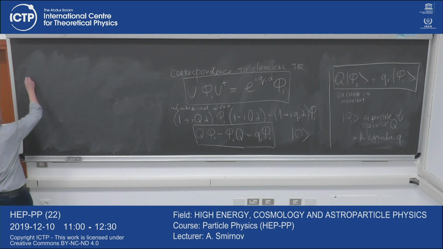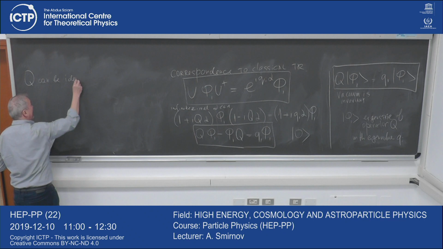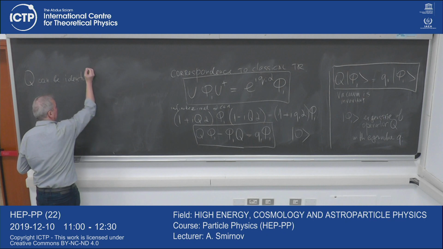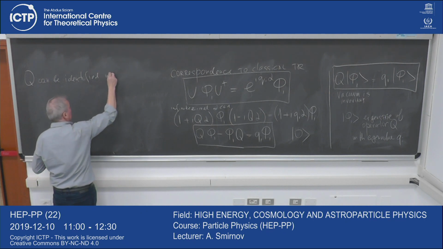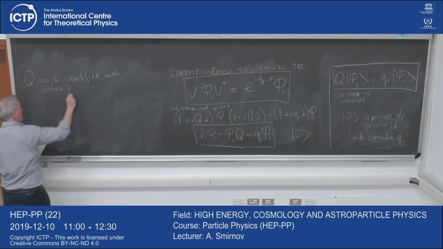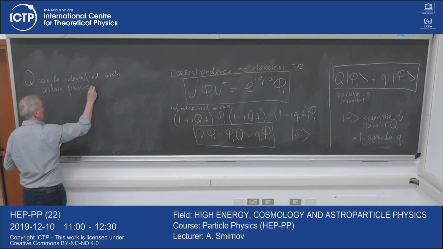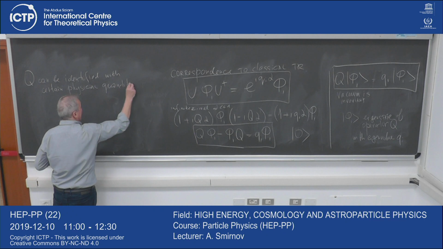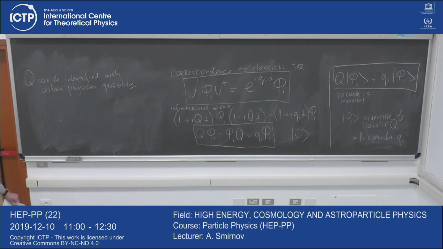It's an important statement that Q, as it follows from this, can be identified with a certain physical quantity, and then these small q are values of this physical quantity for a given field phi_i.